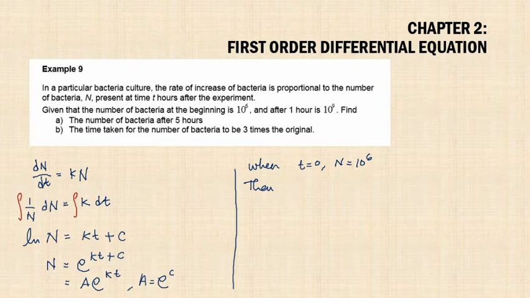Substituting into the equation, we have 10 power of 6 equals a e power of k times 0. So a is 10 power of 6, and our equation would be n equals 10 power of 6 e power of kt.